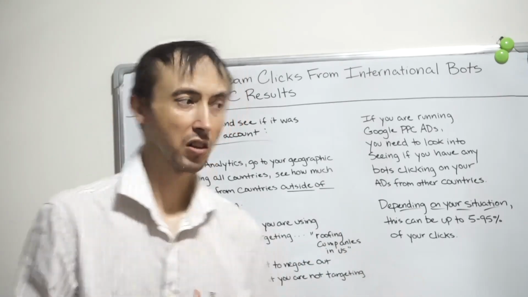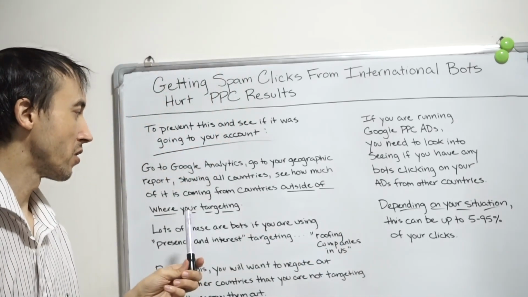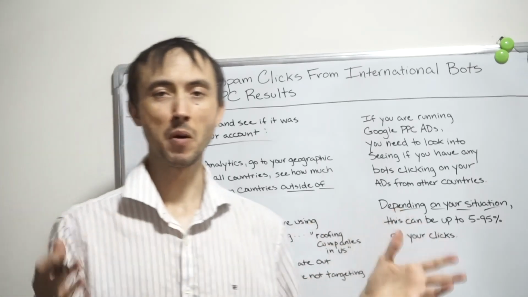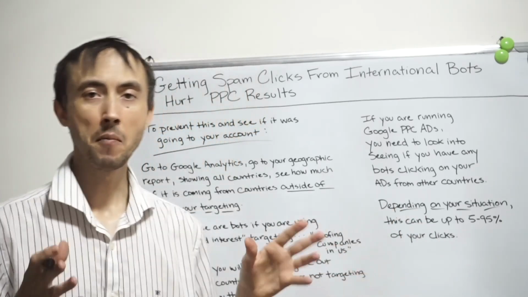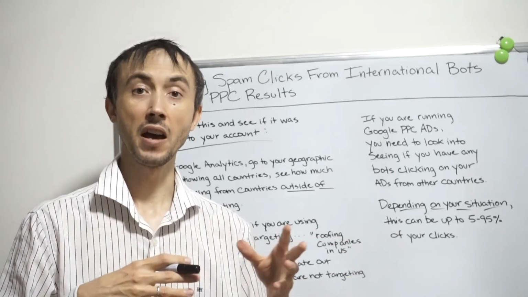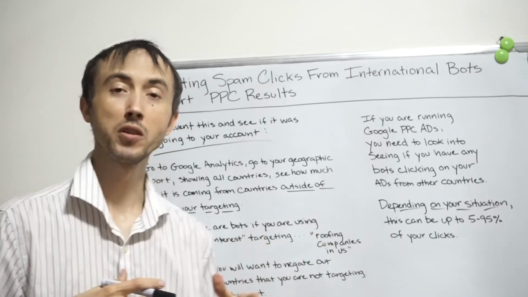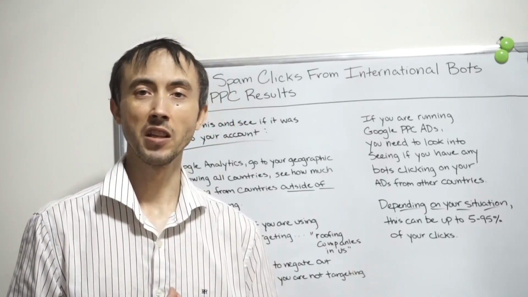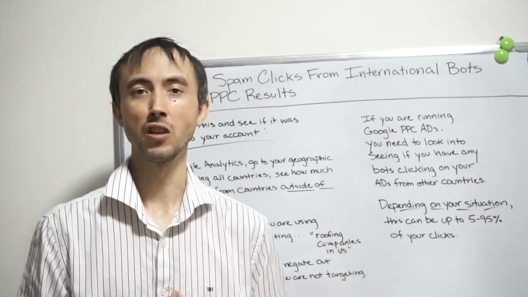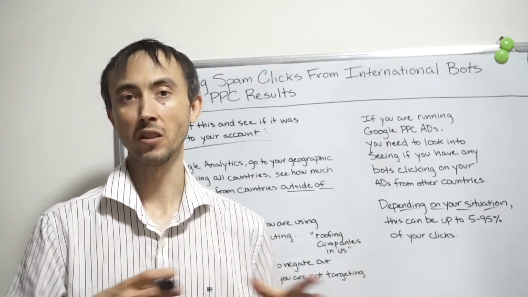With that, you're going to take a look at your geographic report and see how much of it is coming from other countries. If you wanted a more accurate read, you could also go to the source medium report in Google Analytics, and then from a secondary dimension, put in geo and then location, and you'll see what countries each click is coming from.